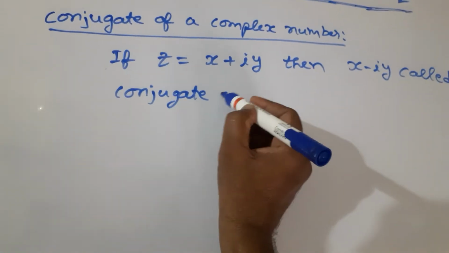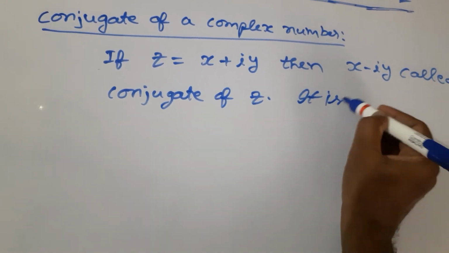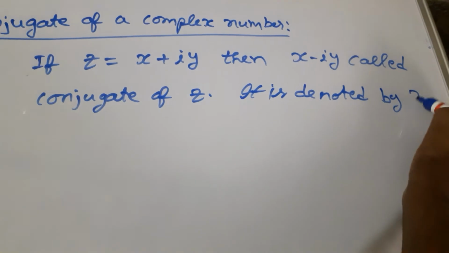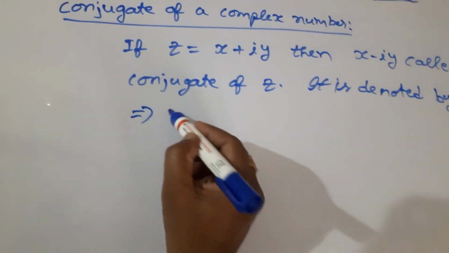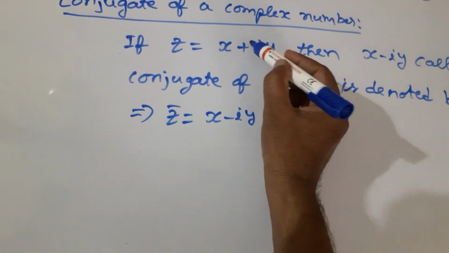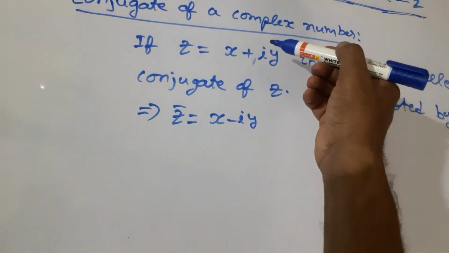It is denoted by z bar. So implies z bar equal to x minus iy. So changing the sign of imaginary part, plus is there, it becomes minus, minus is there, it becomes plus.